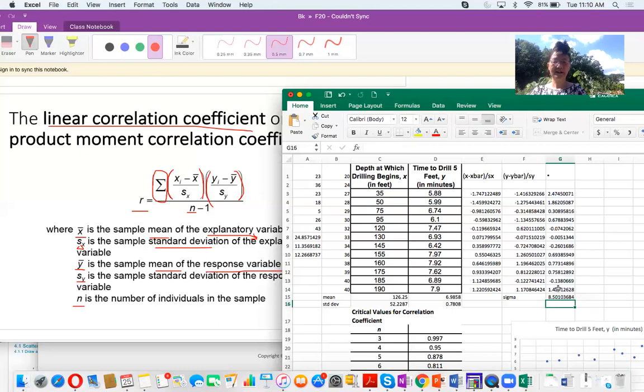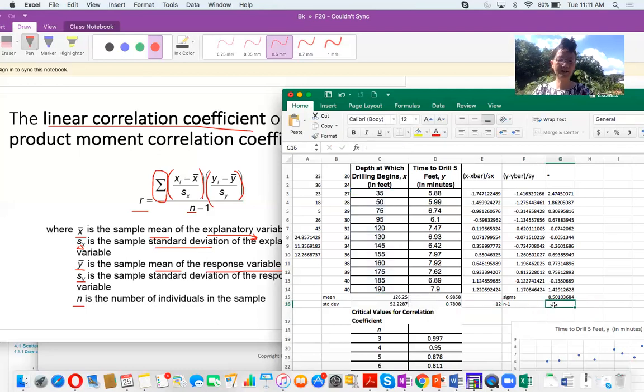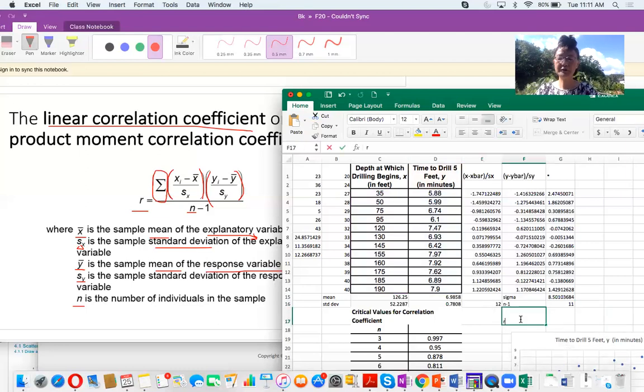And after you finish that, you have to divide it by n minus 1. So how many data here? What is the n? You can use the count function. Equal count. From here to here, how many numbers? 12. Okay, so n minus 1 is 11. So what is the linear correlation coefficient R?